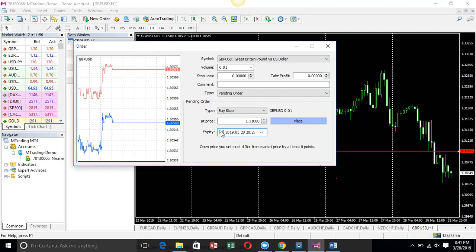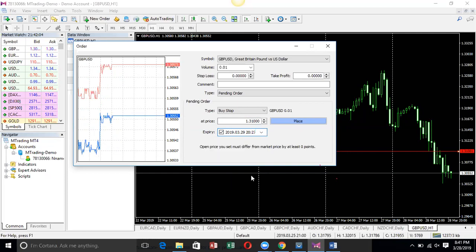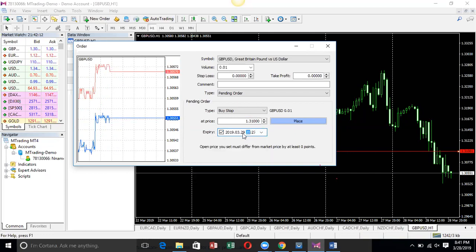If I check this, I'm required to fill all these things, as maybe by tomorrow, Friday, 29th. Are we following? So I'm supposed to check the time. By what time? 13:15. This 13:15 means 15 minutes after 1.